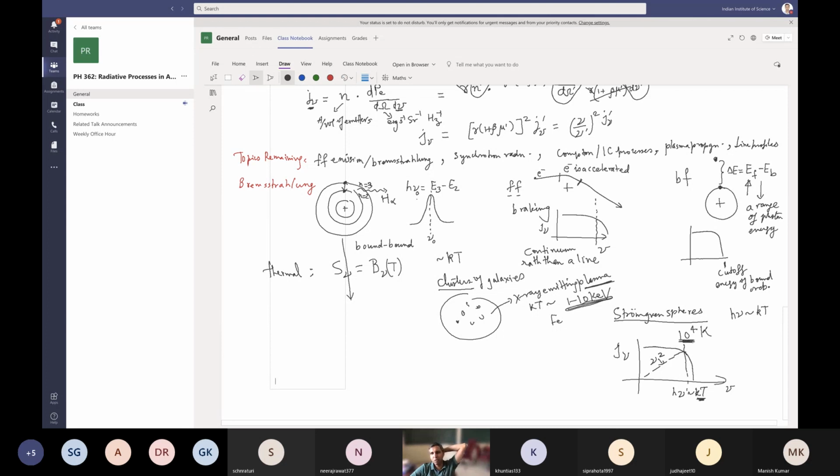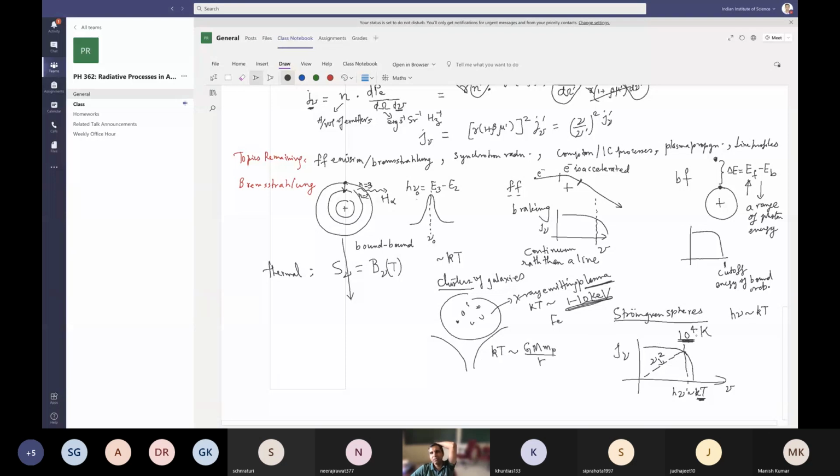It's also mostly ionized. In clusters, the plasma is much hotter because of the gravitational potential of clusters. Basically, kT is of order G M m_p by R. This is like a virial temperature, right? The depth of the potential well gives the measure of the temperature of this gas.